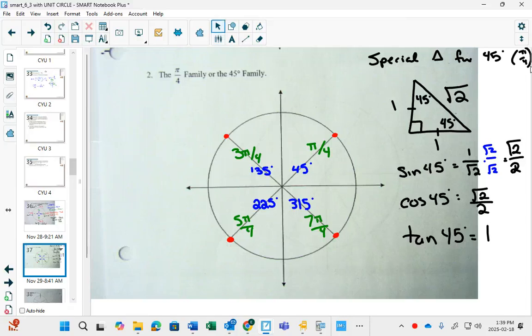But now, we can label our coordinates because your coordinates are always cos theta, comma sine theta. So cos of theta is root 2 over 2, and sine of theta is root 2 over 2. So now we have those coordinates on our unit circle.